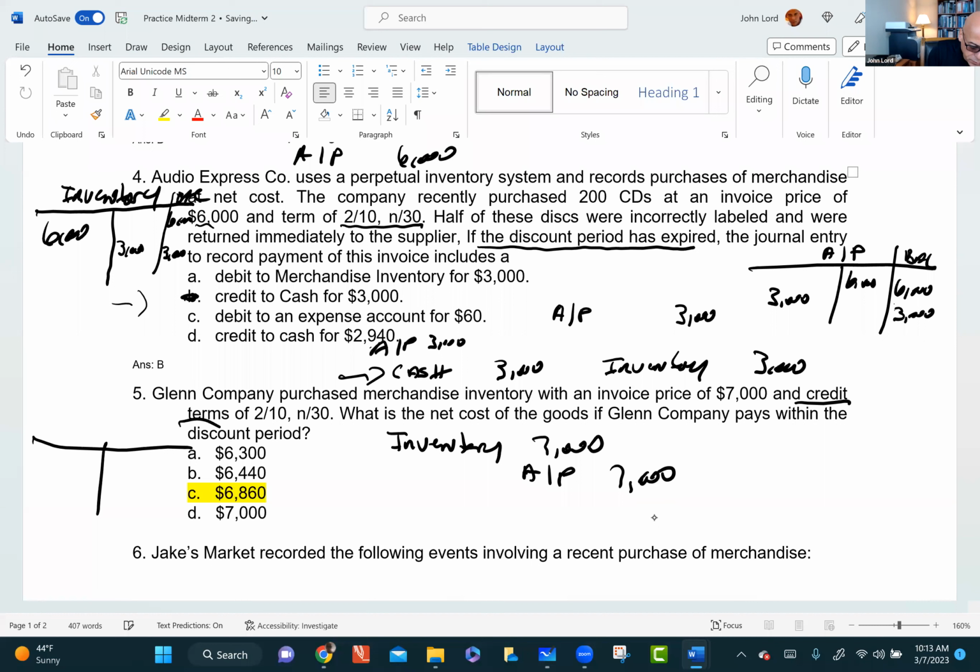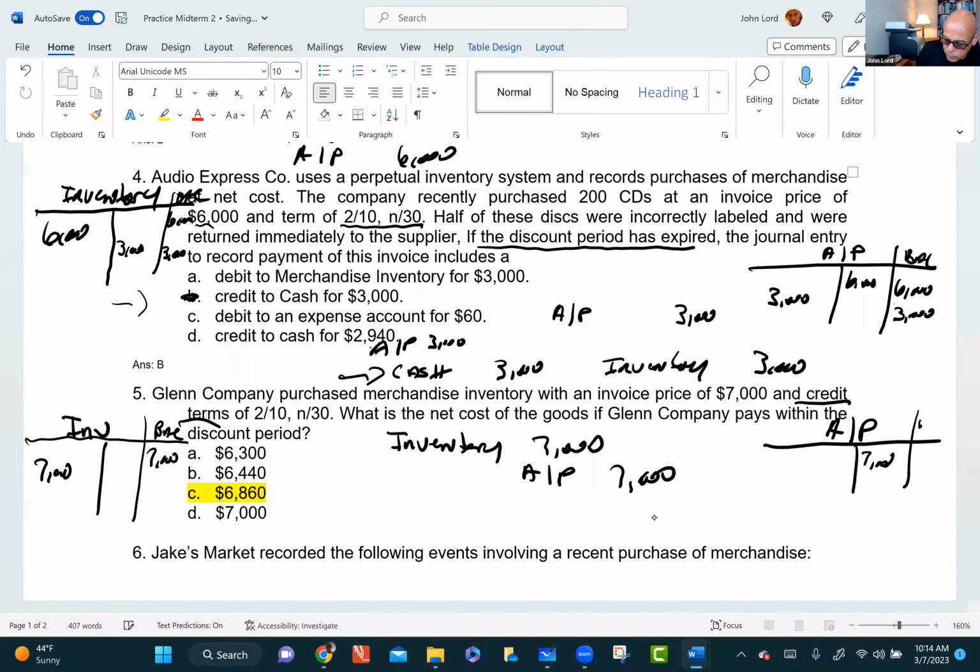Tee up the inventory, tee up the accounts payable. Debit the inventory 7,000. That gives it a balance of 7,000. And tee up the accounts payable, 7,000. That gives it the balance of 7,000.